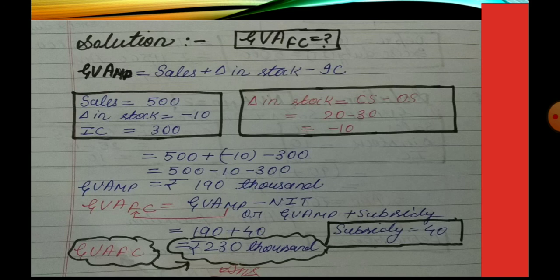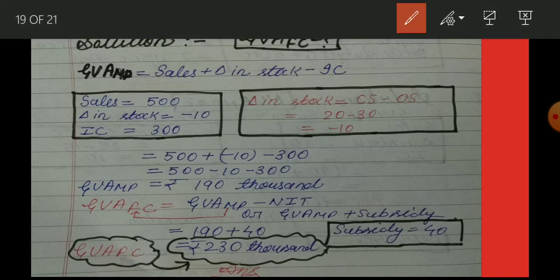Change in stock is equal to closing stock minus opening stock. In the question, closing stock is given as 20 and opening stock is given as 30. So when we subtract 20 minus 30, we get minus 10, and that is the value of change in stock. Okay, student, and intermediate consumption is given as 300.